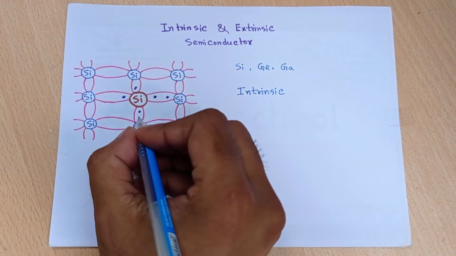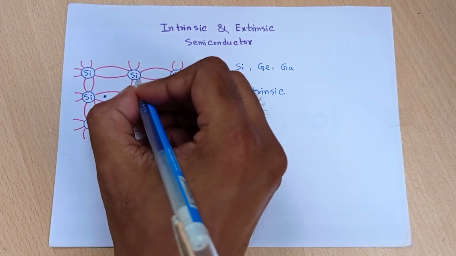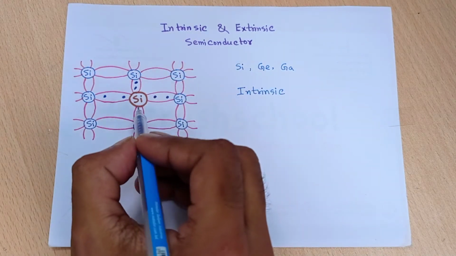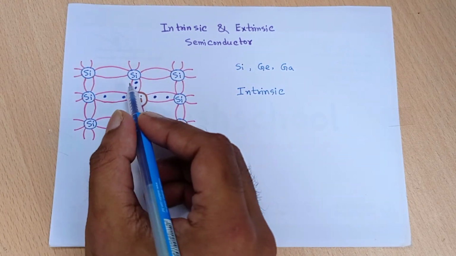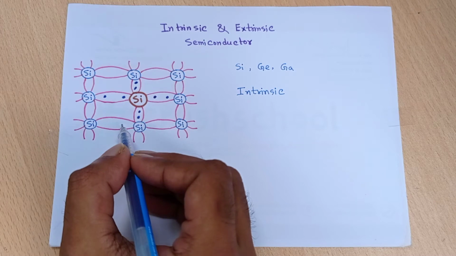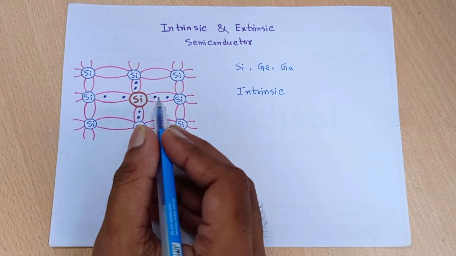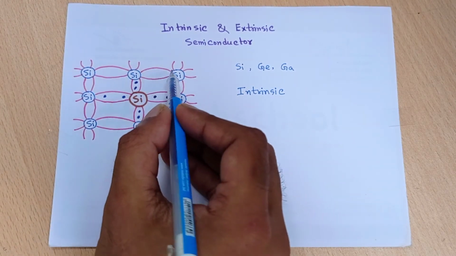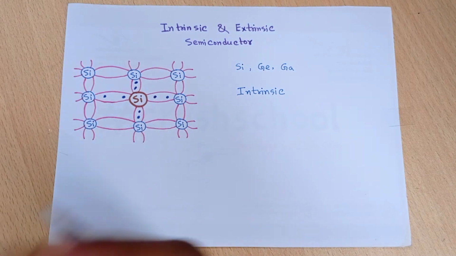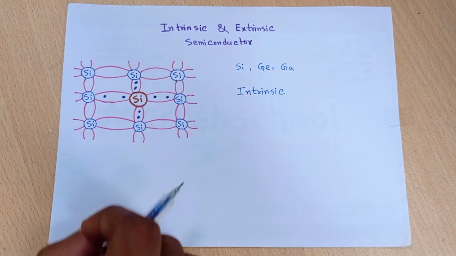So this is another silicon, another silicon, and another silicon. There are 4 silicon atoms surrounding the central silicon, and there is no other type of material connected to this lattice.